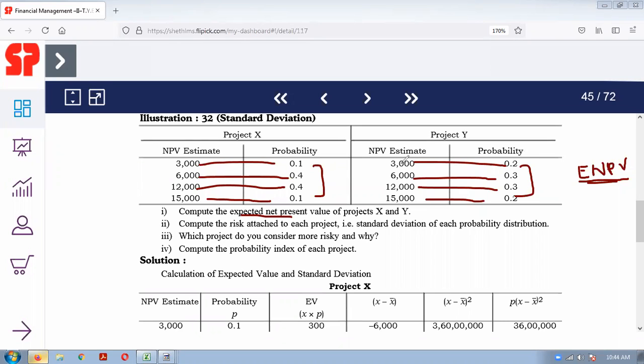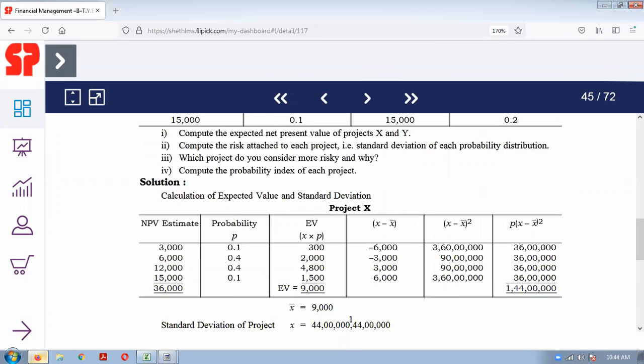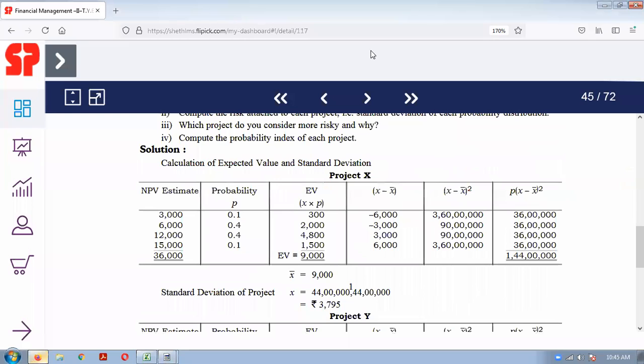So for project Y, it will be 3000 into 0.2, 6000 into 0.3, 12,000 into 0.3, 15,000 into 0.2, total. Calculating everybody. See, estimated NPV for project X is 9,000.